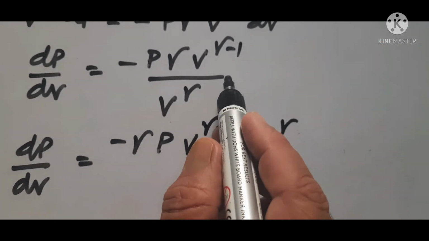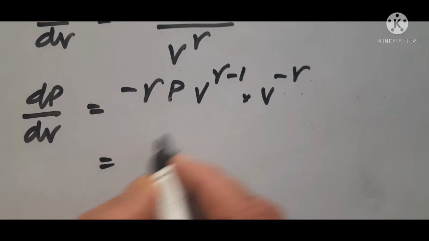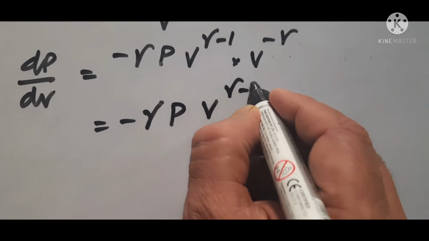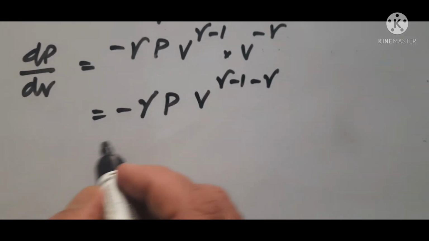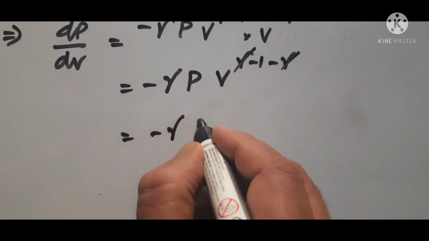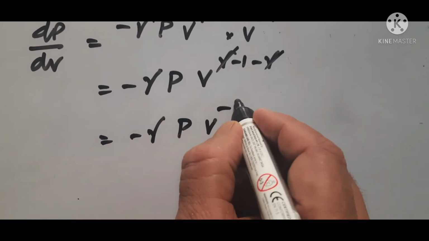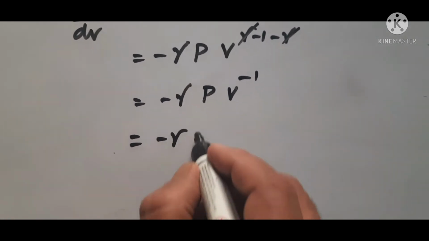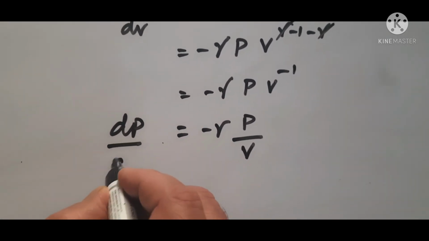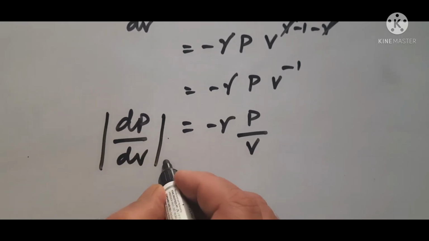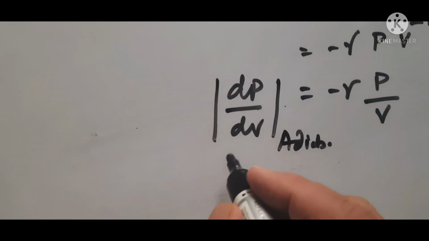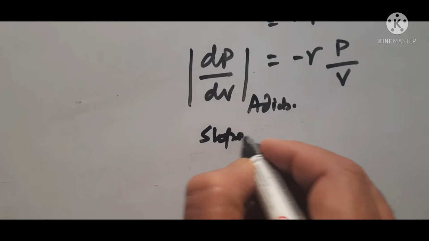The base is the same, so minus gamma P V to the power gamma minus 1 minus gamma. The gamma plus and minus cancel: minus gamma P V to the power minus 1, that is minus gamma P by V. So that is your dP by dV for adiabatic. This is the slope of adiabatic.